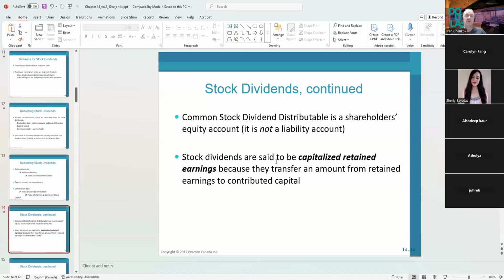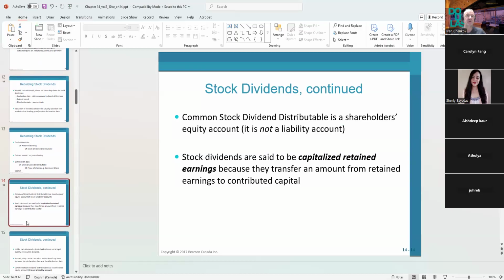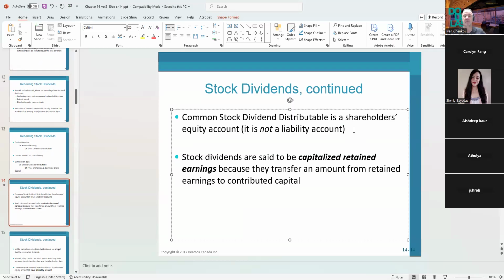The other thing that I want you to remember, I think that will be the next slide. The other thing that doesn't make it a liability is that the board of directors, after they declare a stock dividend, can cancel that stock dividend any time before the distribution date.